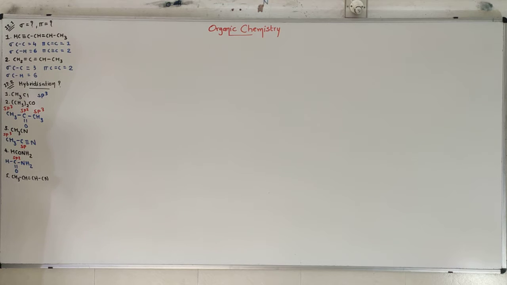Let's draw the structure: CH3CH double bond CH single bond C triple bond N. The first carbon, because of 3 hydrogens, will be sp3; because of the double bond, sp2; because of the double bond, sp2; and because of the triple bond, sp. So that was the hybridization of all 4 carbons.